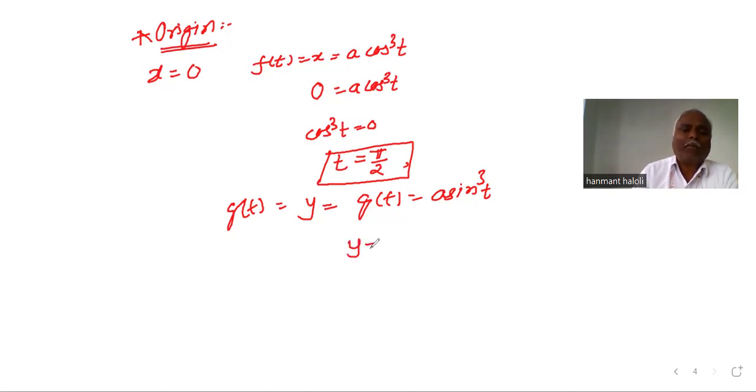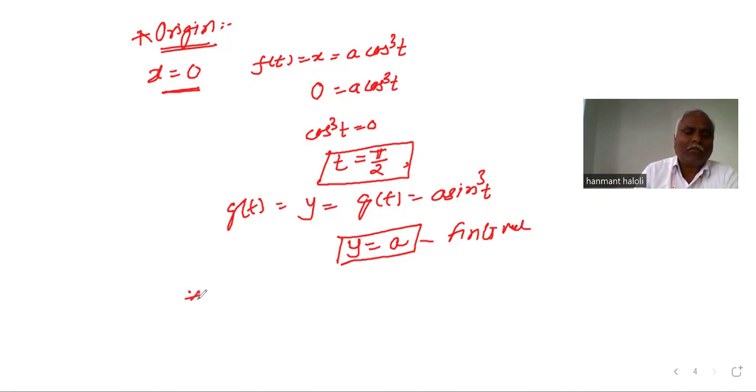Therefore y equals a. Then by putting x equal to 0, we get y equal to a, a finite value. Therefore the curve is not passing through the origin.